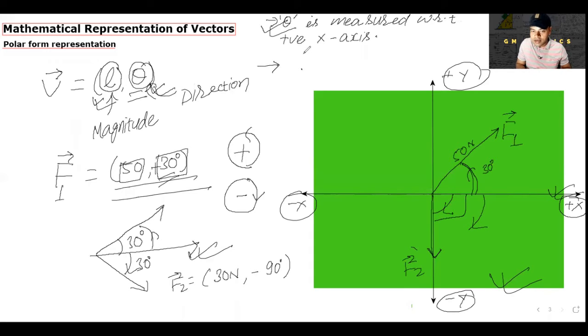If positive angle is given, then you have to move in anti-clockwise sense. Anti-clockwise is for positive, right? And you have to move in clockwise sense if the sign of the angle is given negative, right? Let's take an example and use whatever we have learned for polar form representation.